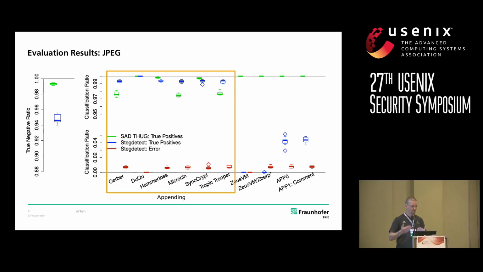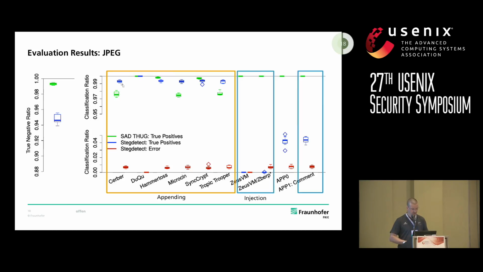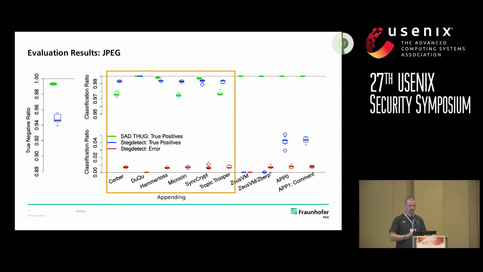The approach was basically just a signature on whether there are more than 3 bytes behind the end of image marker. I would say that would have identified all of these correctly. For SADFUG, we have some very nice results, obviously. But there are also some approaches for which the performance is a little bit degraded by the fact that we are learning that to some degree extra data behind the end of image marker is normal.